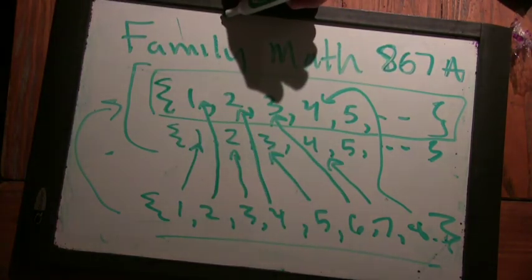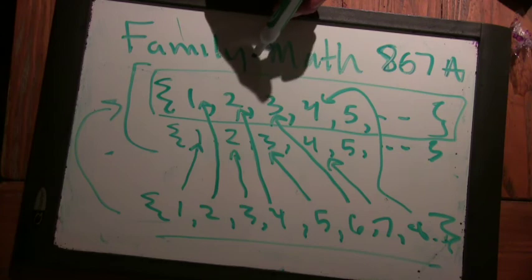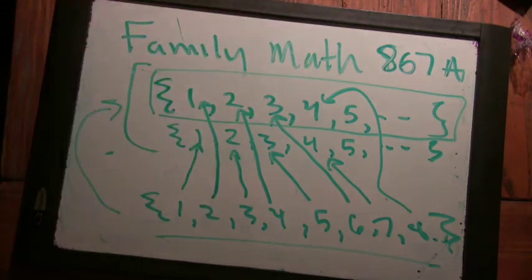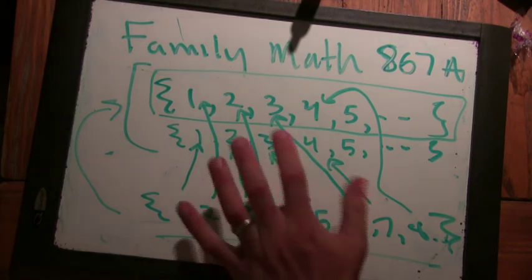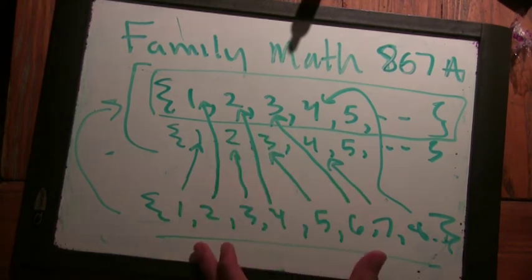For the odd numbers, we're doing plus 1 over 2. And for the even numbers, we're just doing over 2. Well, there we go. So we want to map this infinite set of the positive integers to 2 copies of itself. But it turns out we have 2 copies hiding inside of it.